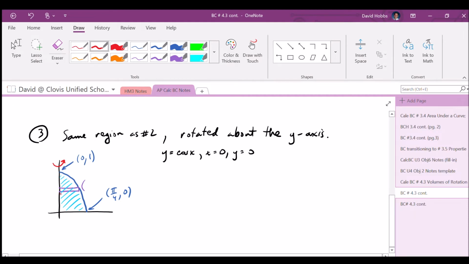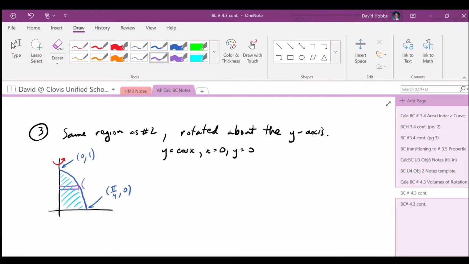Now this time, my axis of rotation is vertical, so perpendicular to that would be horizontal rectangles. And horizontal rectangles means that everything has to be in terms of y. So let's start over here on the left side of the rectangle because that's easier.